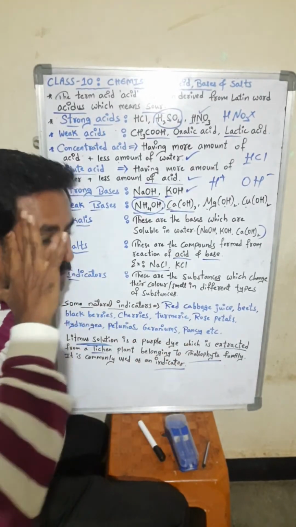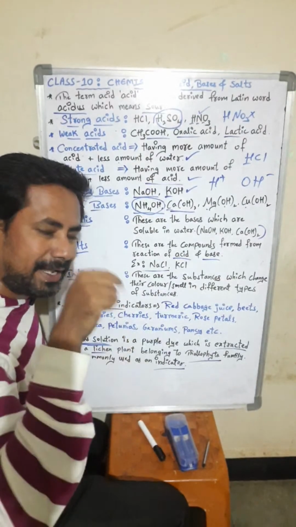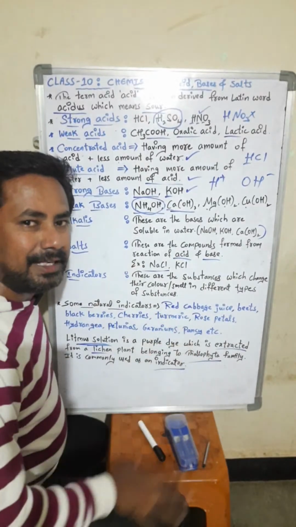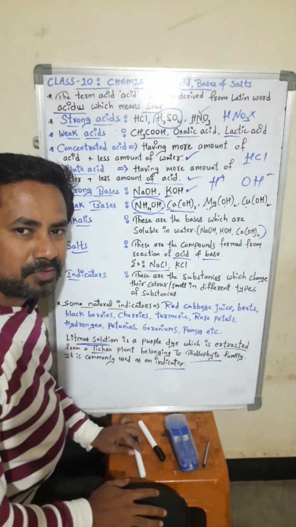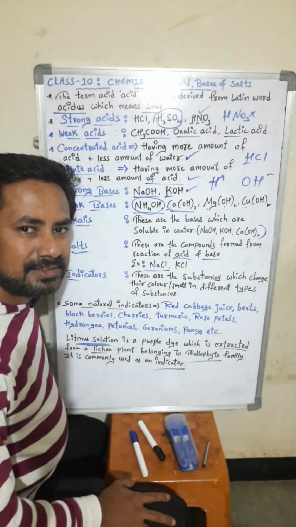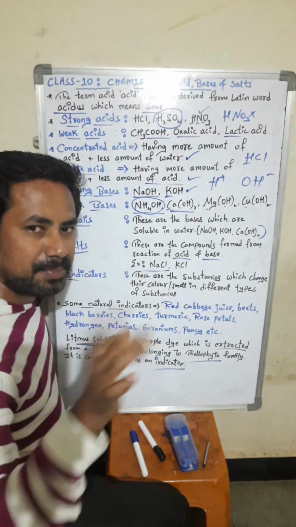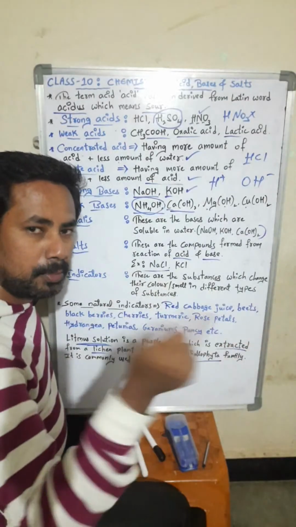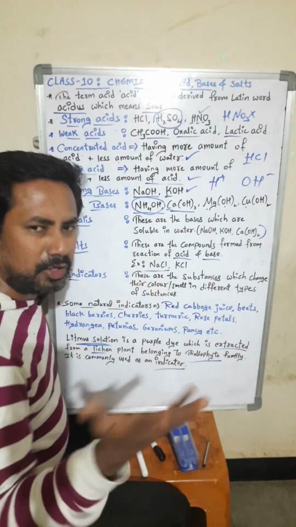If we dip blue litmus paper in acid, it changes to red. Don't get confused, students, it is very easy. If blue changes to red, red means danger, danger means acid. If red litmus changes to blue, blue means not danger, so it is base. Easy to remember.